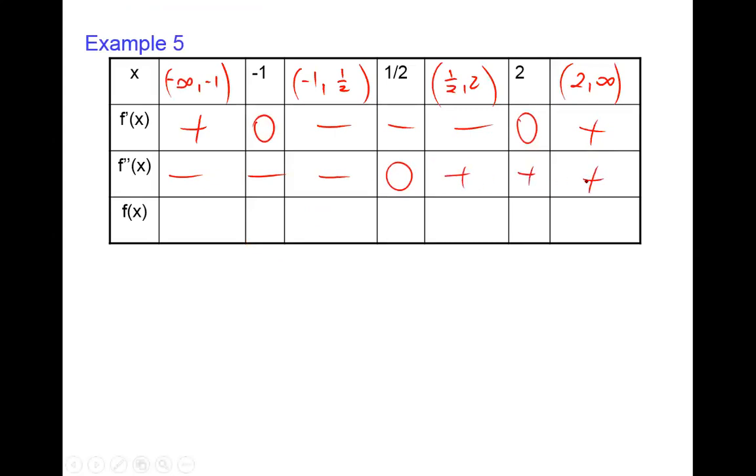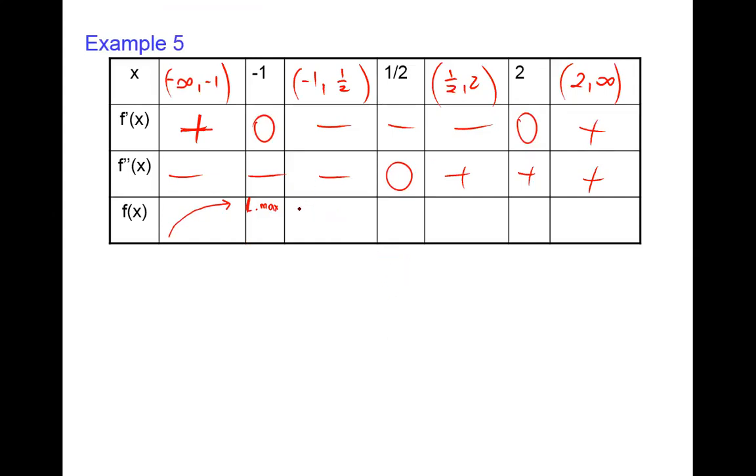That means I can nicely see that the function is increasing and concave down, something like that, increasing concave down, local maximum. And then it's decreasing concave down, and it's actually the inflection point.